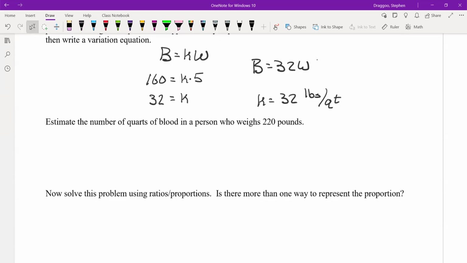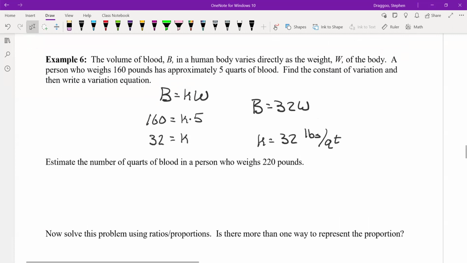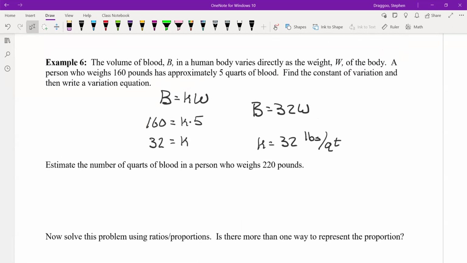So estimate the number of quarts of blood in a person who weighs 220 pounds. Well, I can plug that in for, oh no, I've done this all wrong again. Because I've plugged everything in the wrong spot. How could I?